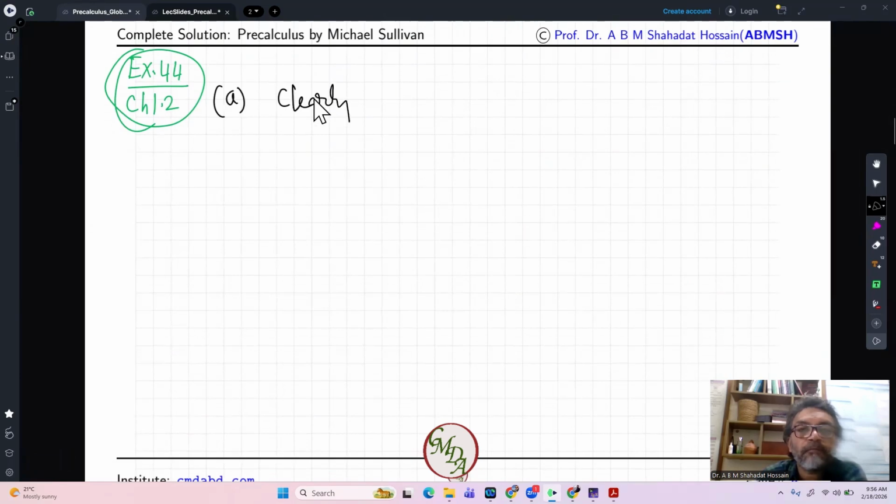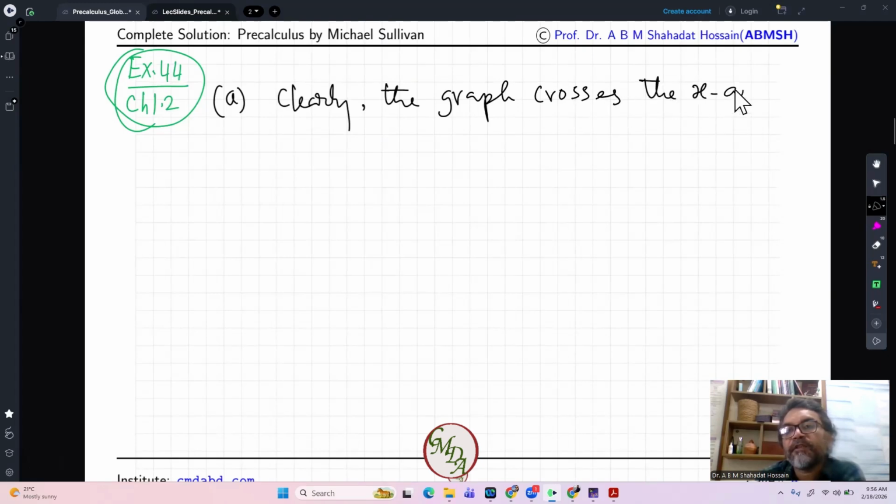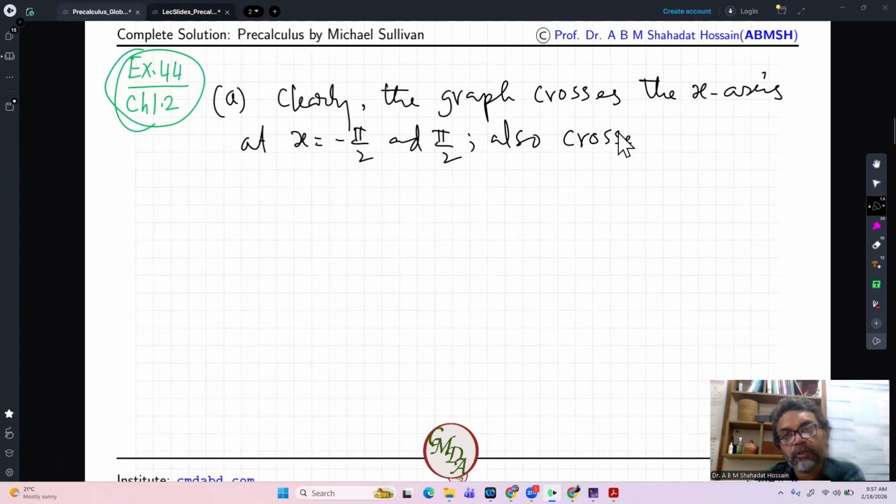Clearly, the graph crosses the x-axis at x equals -pi/2 and pi/2, and also crosses the y-axis at y equals 1.